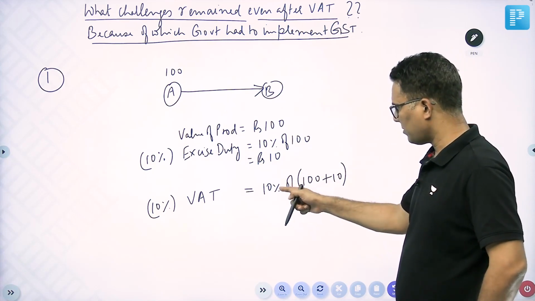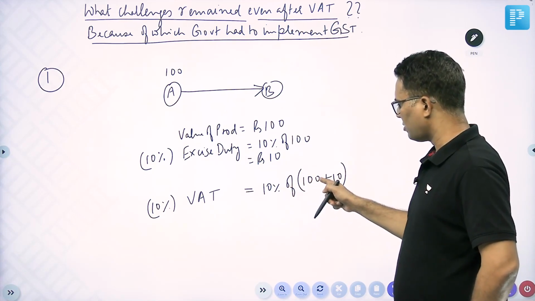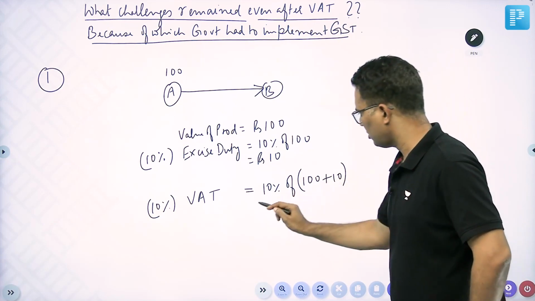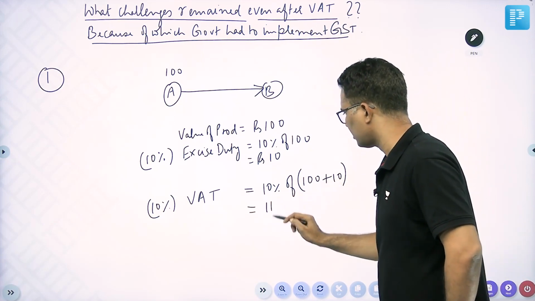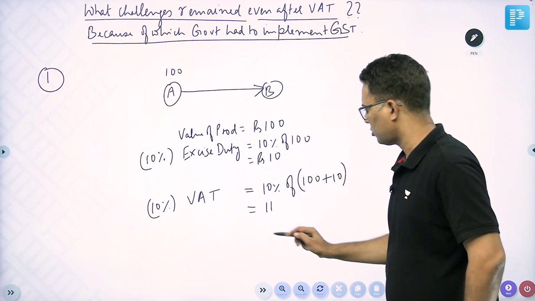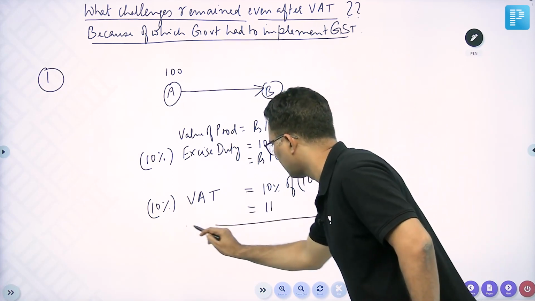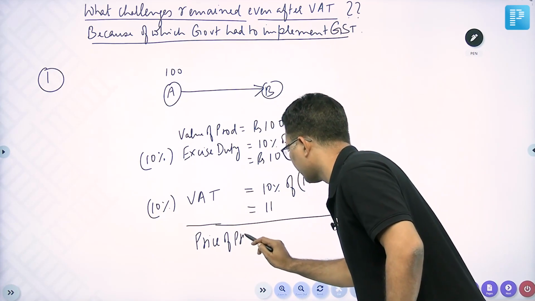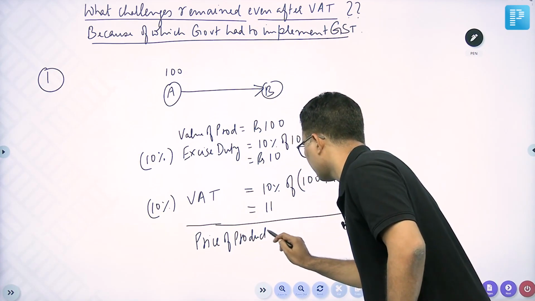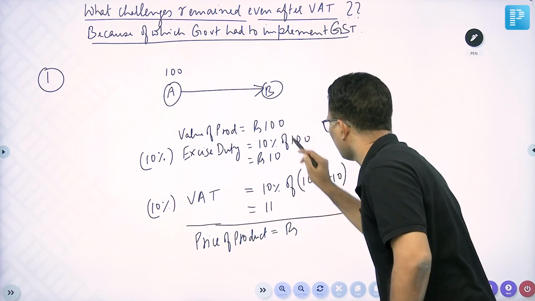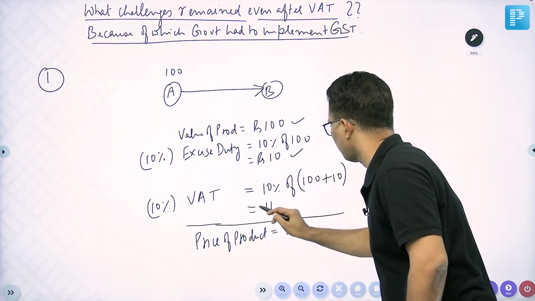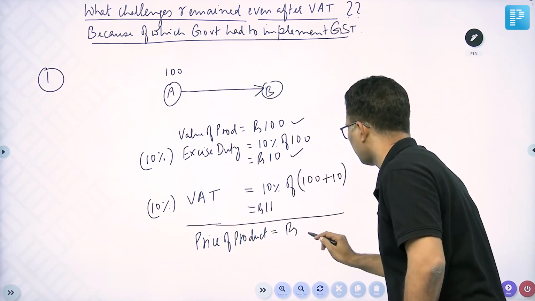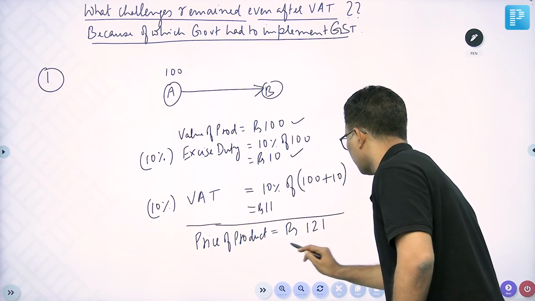So VAT will be imposed at 10% on the value of the product and the excise duty too. So this becomes 11. So the price of the product is 100, 10 and 11, rupees 121.